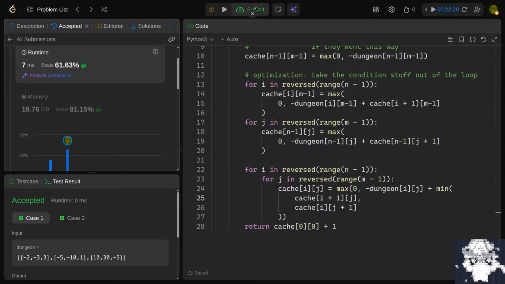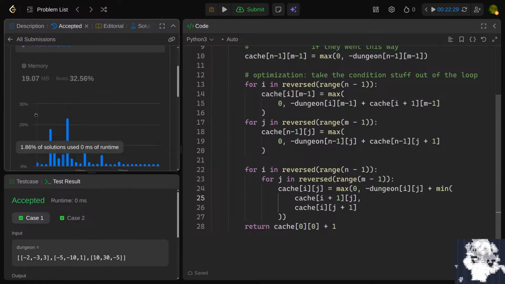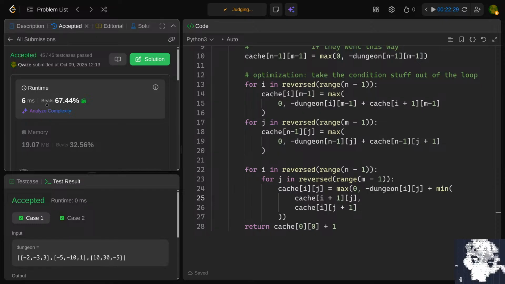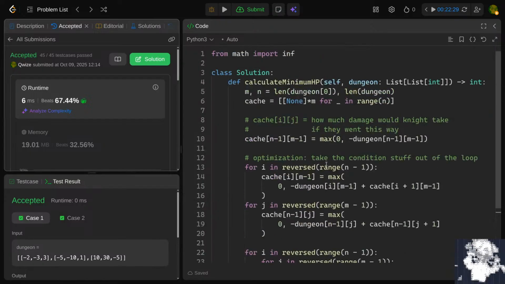But yeah, I guess it's still the variance of Leetcode for where you end up, exactly how many milliseconds it takes. Cool. Next problem.